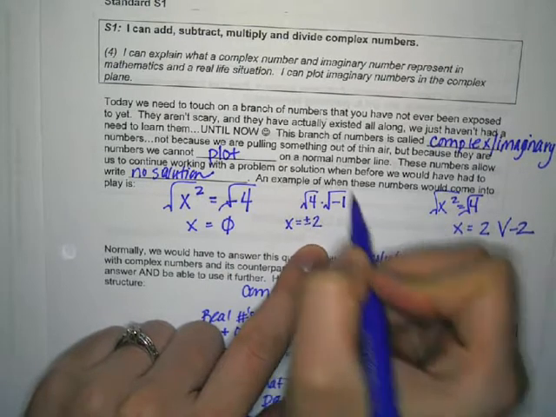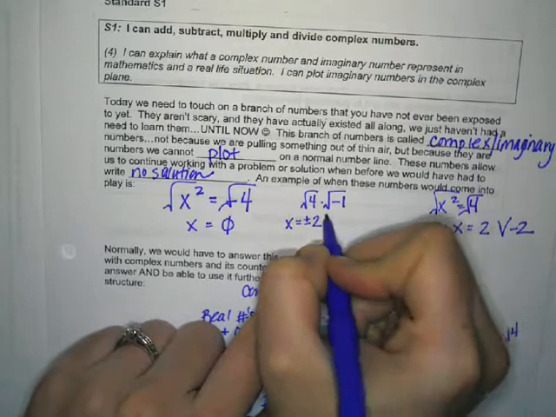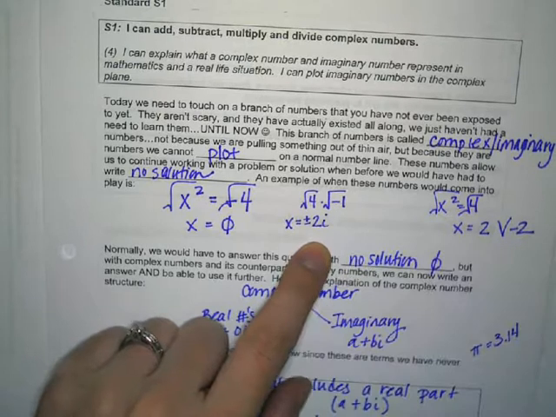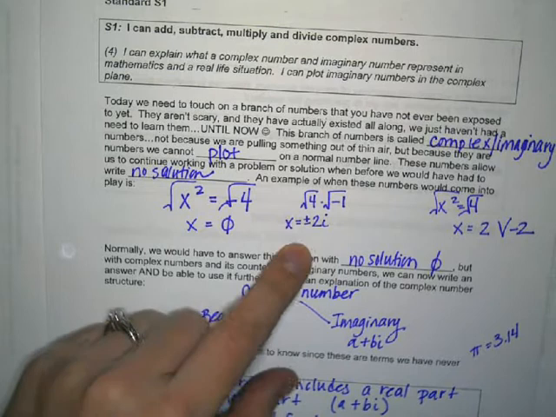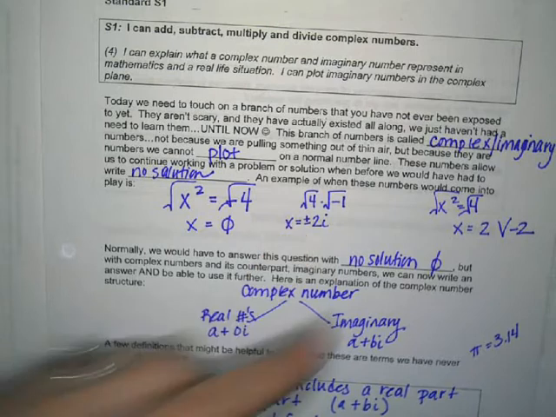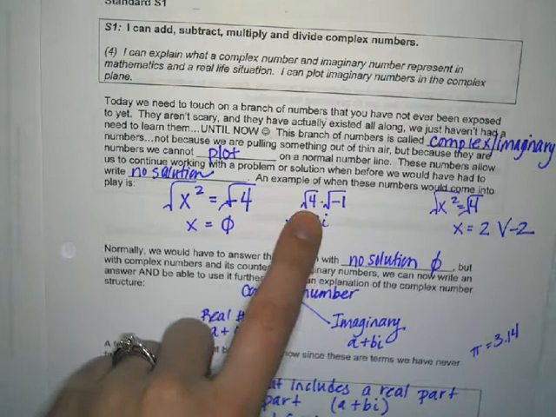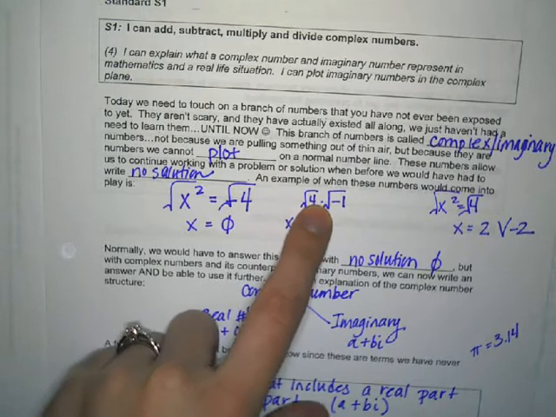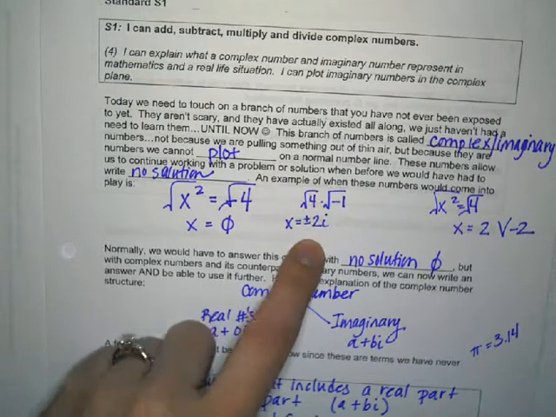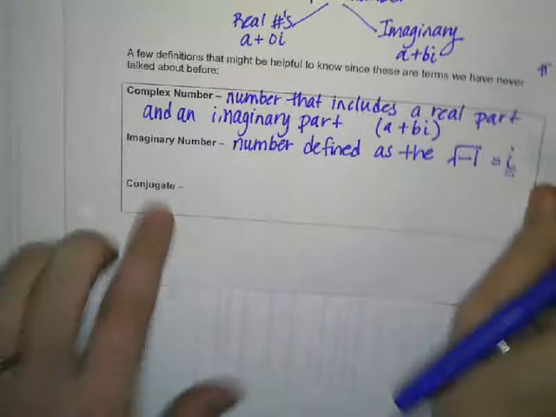But then the square root of negative 1 becomes an i. And so now we have a solution that we could actually use and plug in and check, because now I have a symbol to represent this concept of taking a square root of a negative number. So that's what we're defining here.